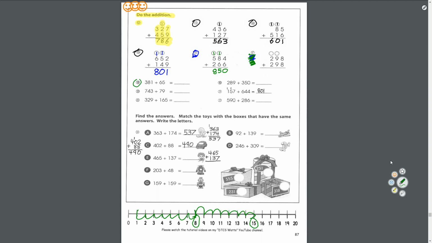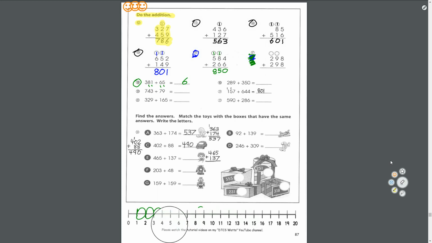Okay, question 18. So now it's sideways. Let's see if we can do it sideways. Still the same rule. We still start in the ones place. So 1 plus 5. 1 plus 1, 2, 3, 4, 5 equals 6. Now the tens, 8 plus 6.